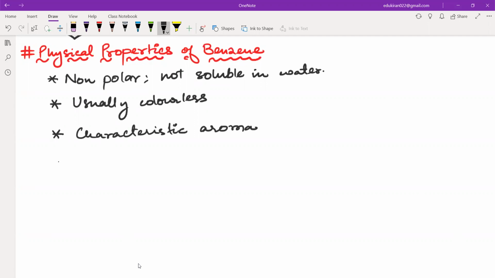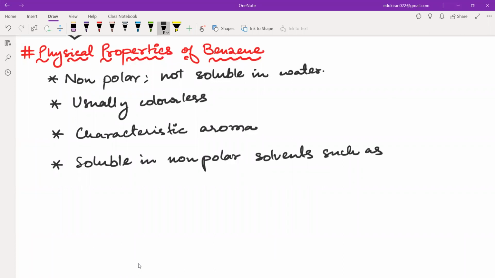Now it is immiscible in water, but it is soluble in non-polar solvents such as ethers, hexane, octane, etc. So these are the physical properties of benzene.